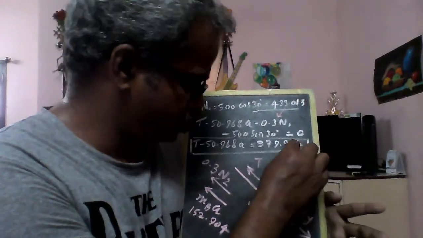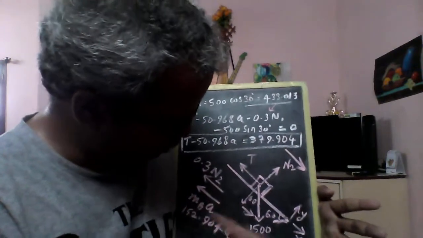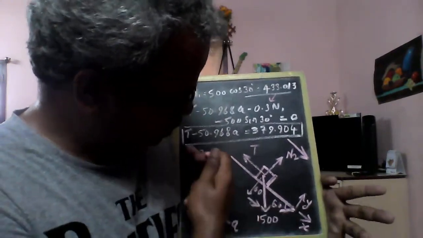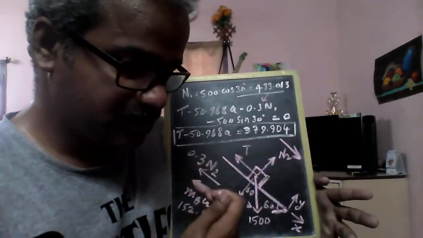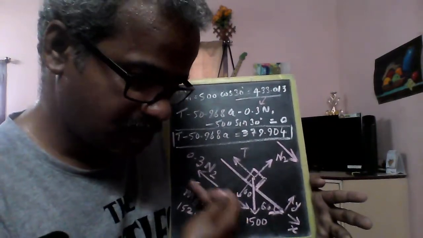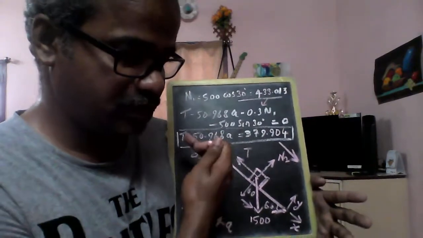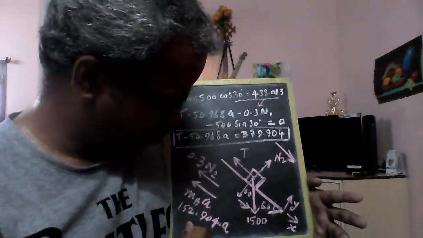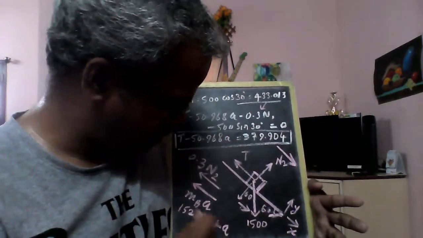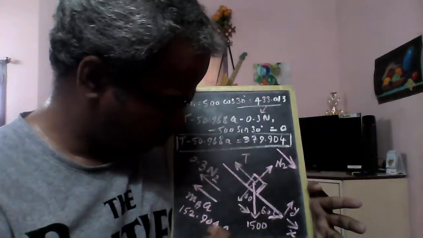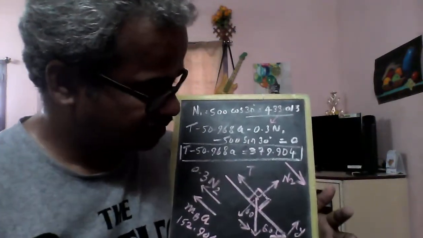Since the body is moving downward, there will be an upward frictional force, 0.3 N2. To keep this body in dynamic equilibrium, I substitute mB into a in the opposite direction, that is 152.904 a. This is the condition for the second block.